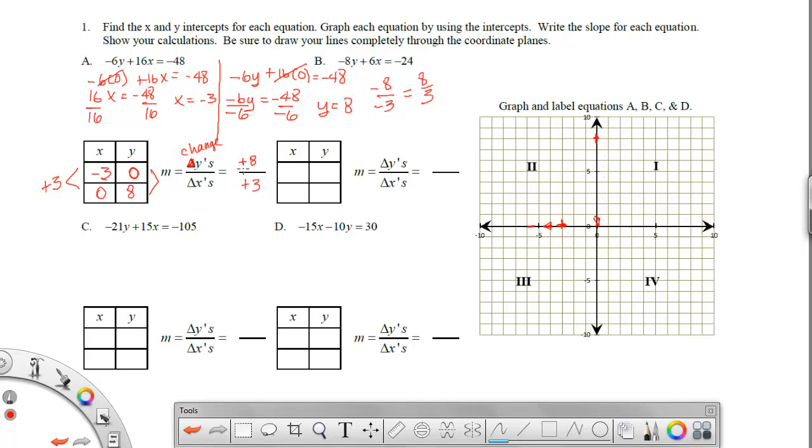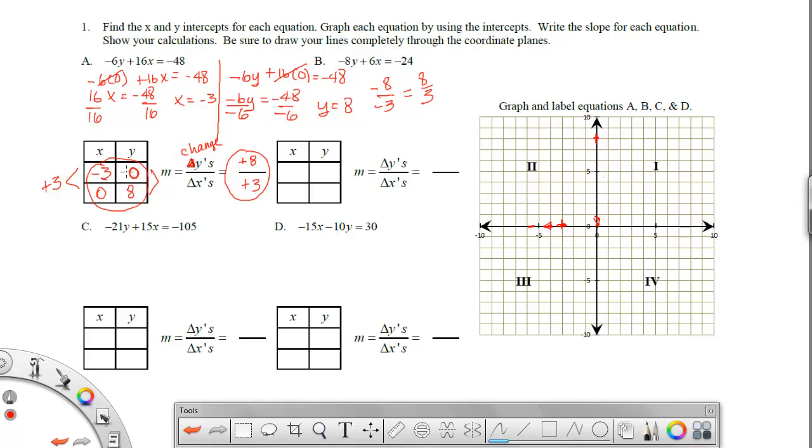So that means the slope that I have from these ordered pairs matches the line that I'm trying to graph. Because sometimes we can find our points correctly, and where we fail to make things meet is when we do the slope or when we graph the line.